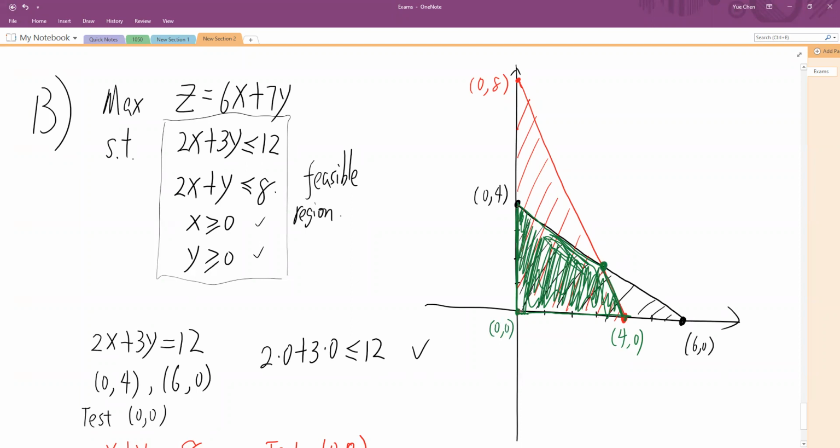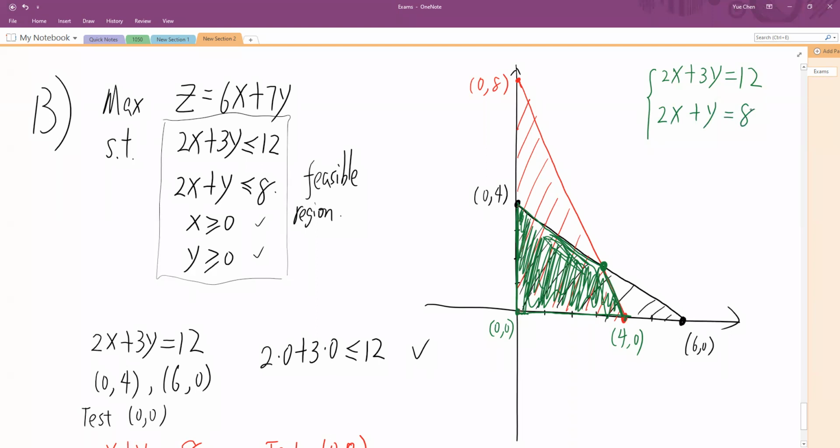This is the intersection of 2 lines, this red line and the black line. So we need to list a system of equations, right? The black line is 2x plus 3y equals 12. The red line is 2x plus y equals 8.